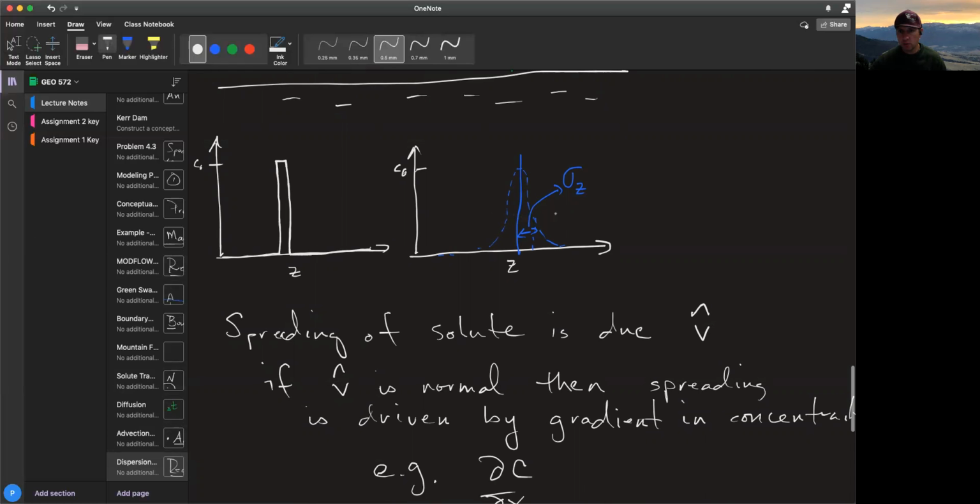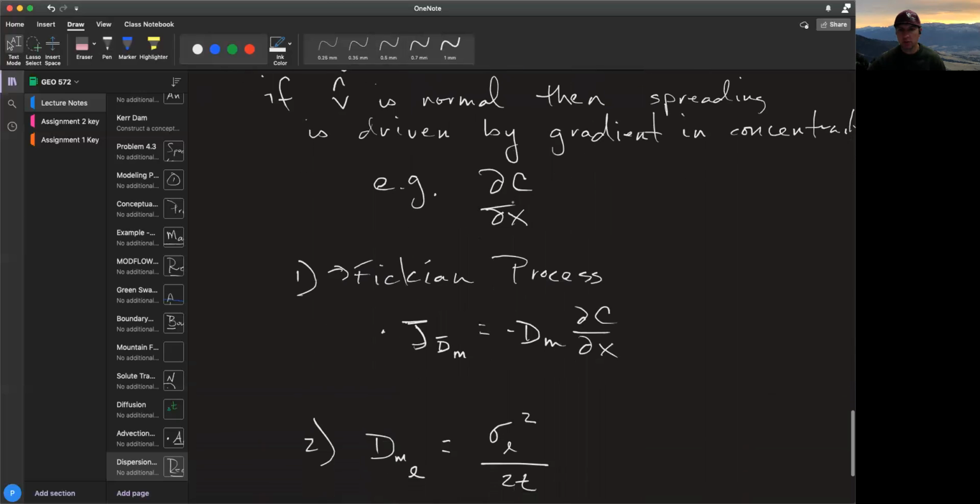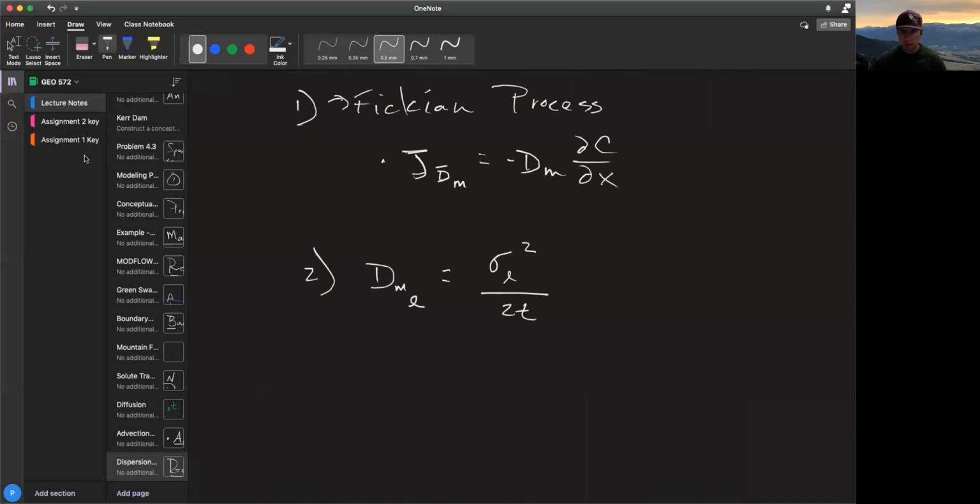So the more spreading you get, the wider your plume is after being transported, the higher the dispersion coefficient. All right. And so this happens for all of them.